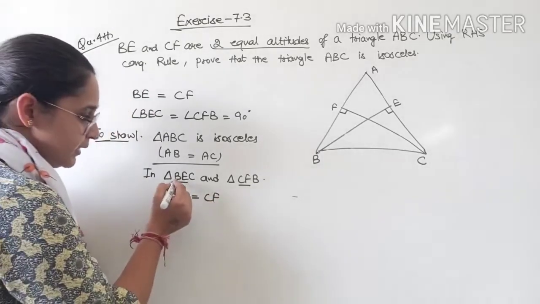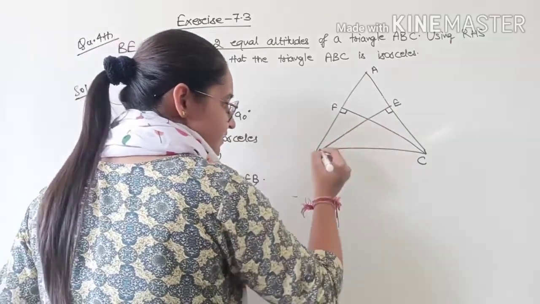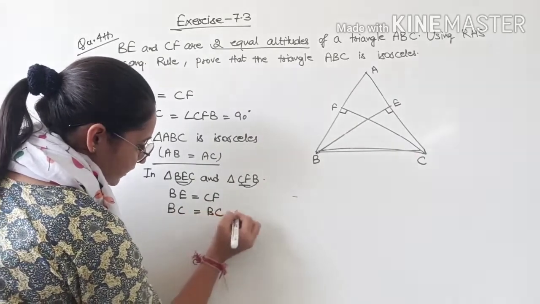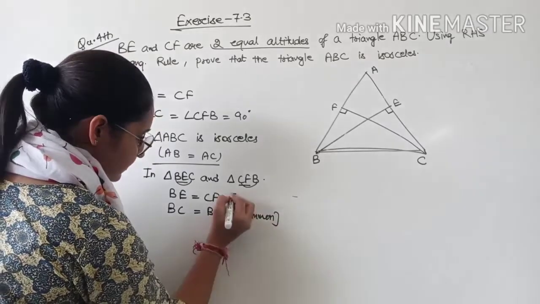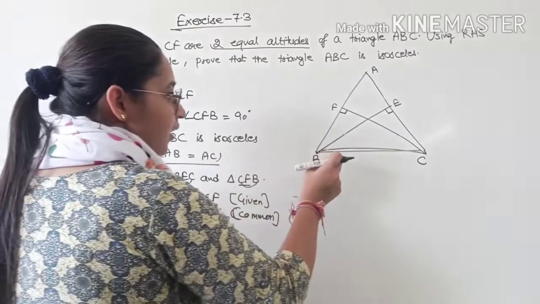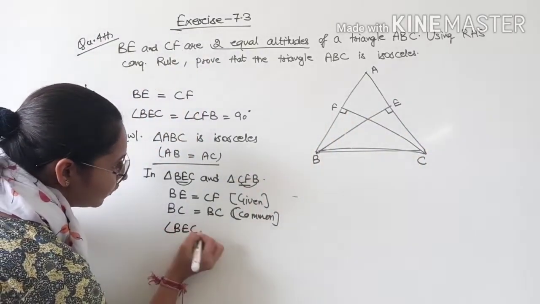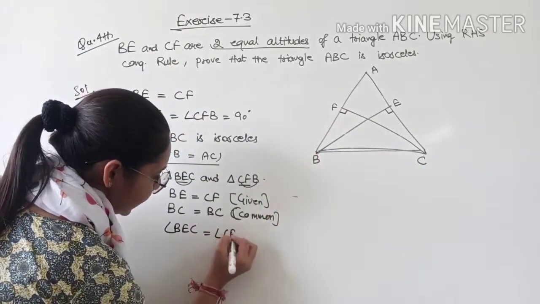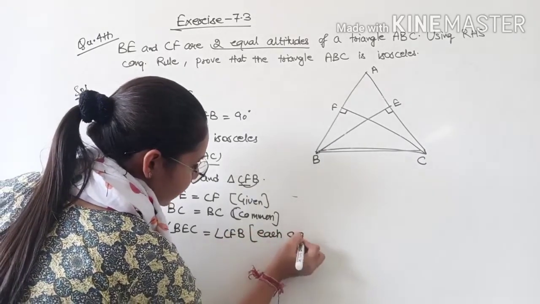This is given. BC is equal to BC, or you can say these two triangles have the same base, that is BC. That is common. Now the third condition that is given is angle BEC is equal to angle CFB. Each angle is 90 degrees.